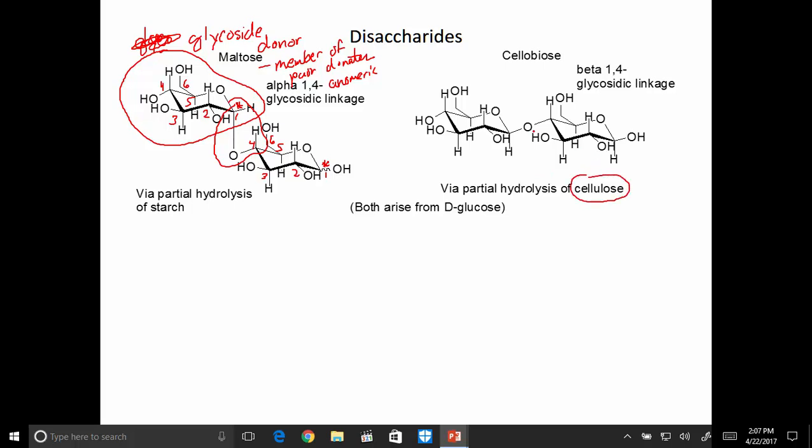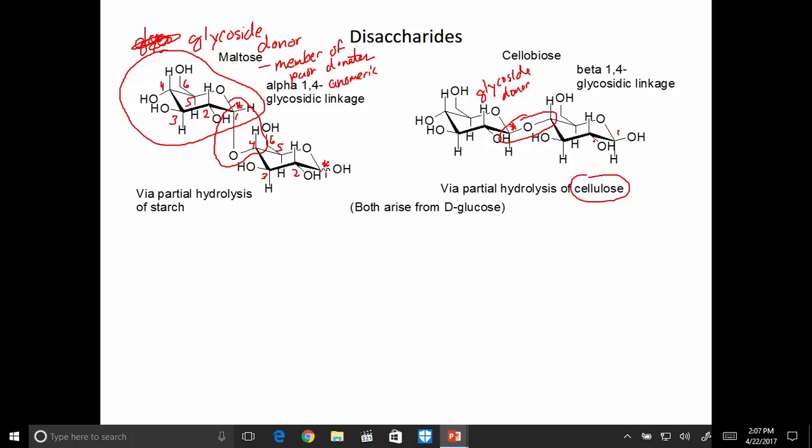What we see here is that if we look at the linkage, this is the glycoside donor, and it's now going in a beta orientation at the anomeric carbon. So we call this a beta 1,4 glycosidic linkage.